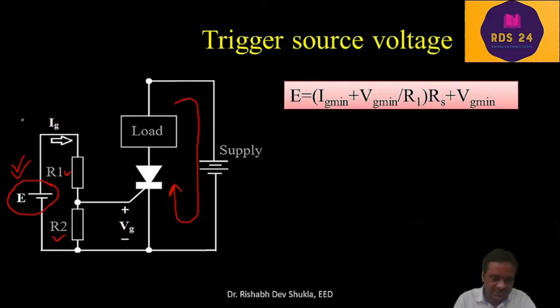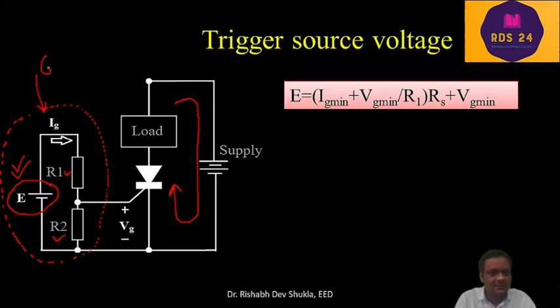Or in other words, we are going to calculate the voltage which is required in the gate drive circuit. This is your gate drive. We are going to calculate the value of E.